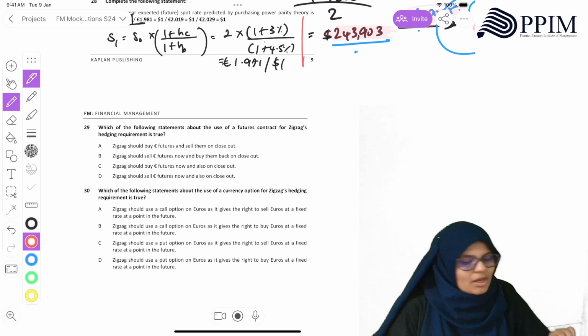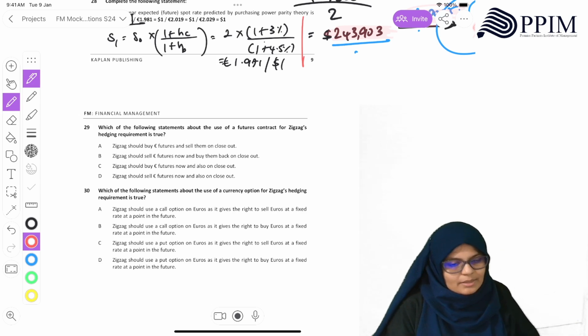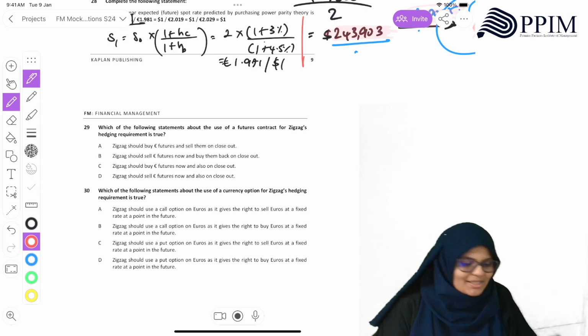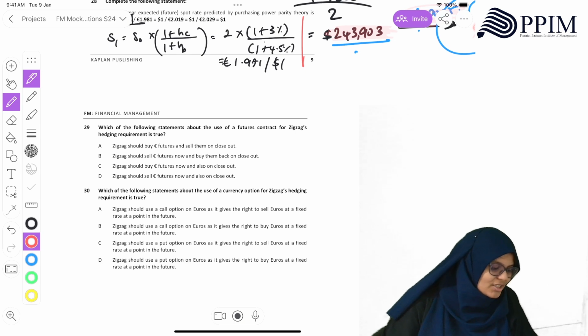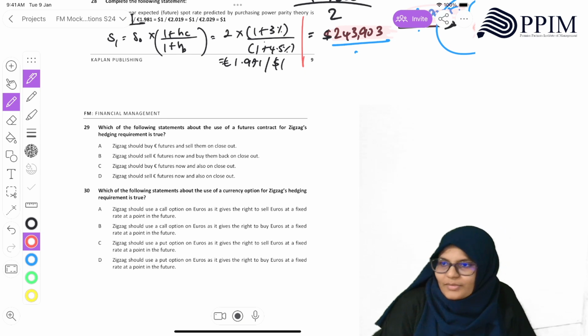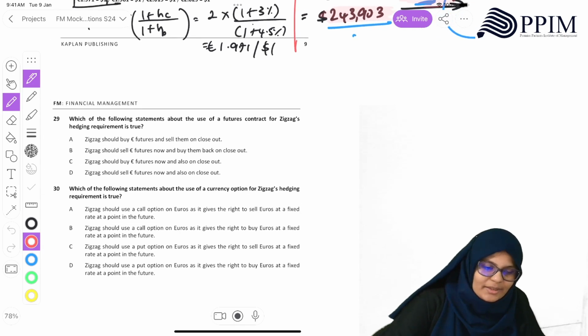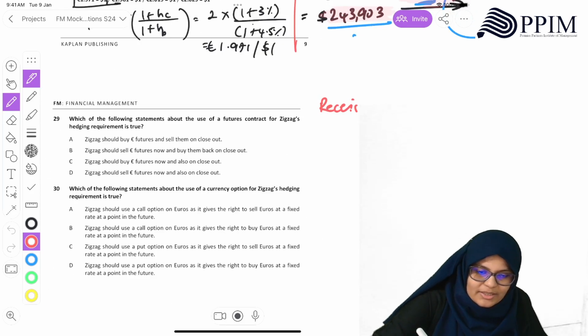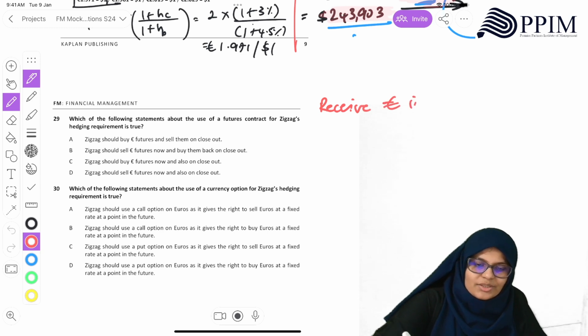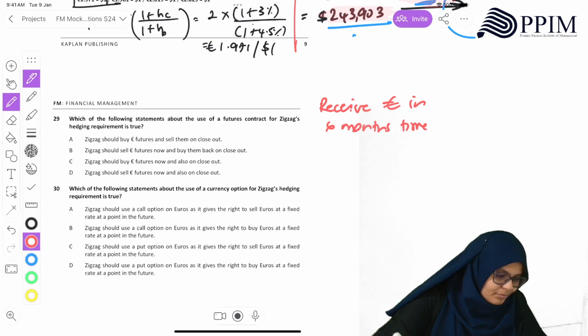They are saying, which of the following statements about the use of a futures contract for Zigzag's hedging requirement is true? Now, if you are talking about Zigzag, what is the situation here? They are going to receive euros in 6 months time, right?